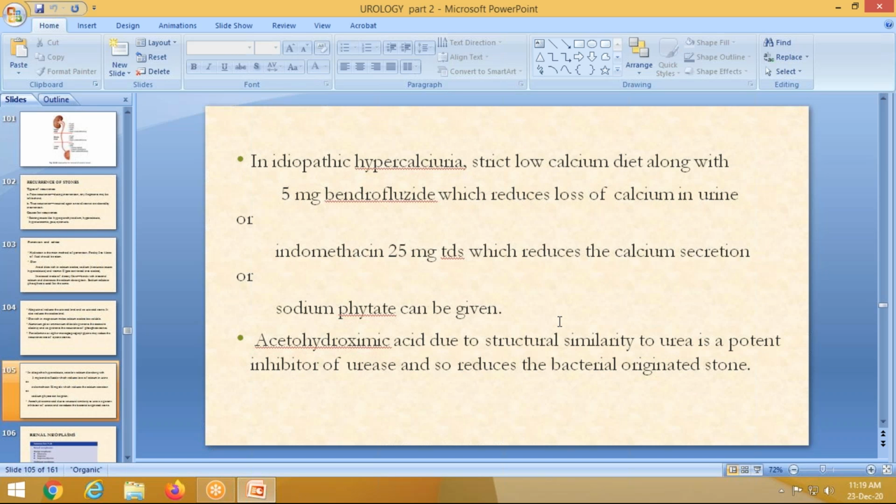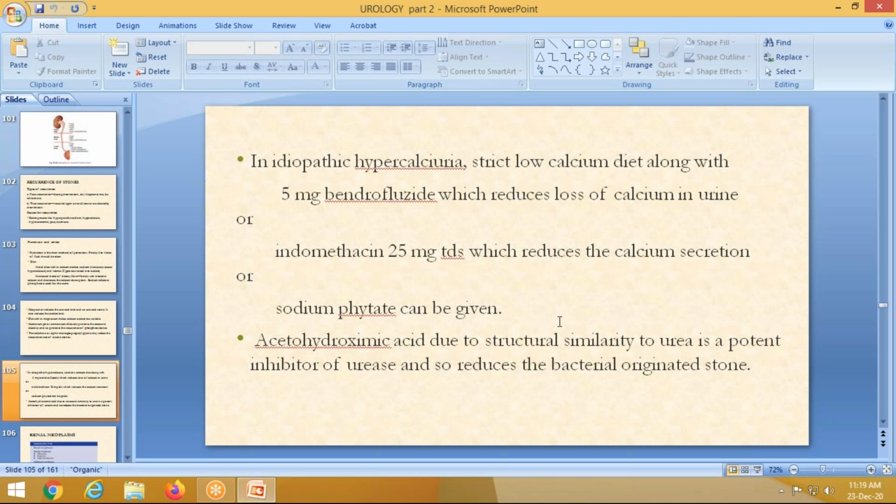Similarly, where calciuria is present, you have to give 5 milligrams of bendrofluazide. If you give bendrofluazide, it reduces the loss of calcium in the urine, so it reduces calciuria. Calciuria means excess calcium passes through the urine.